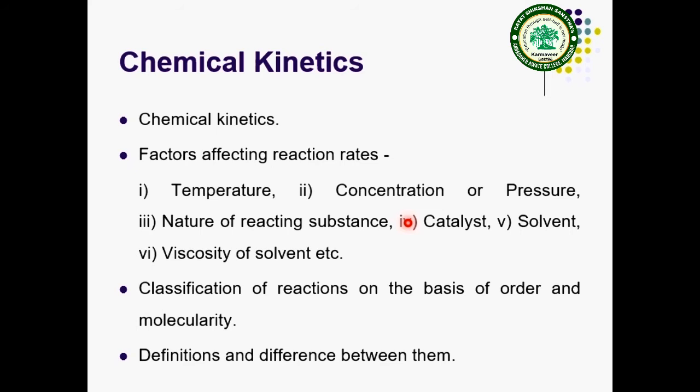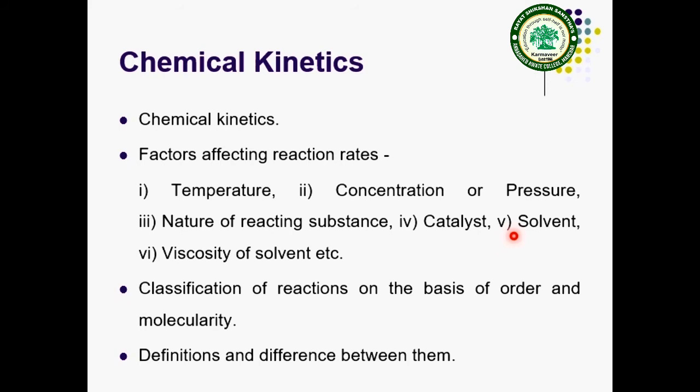Another factor is solvent. We know the solvents are generally classified into two types: polar solvents and non-polar solvents. If the reactants are polar and the solvent is also polar, the rate is faster. And that's why the nature of solvent is important here.